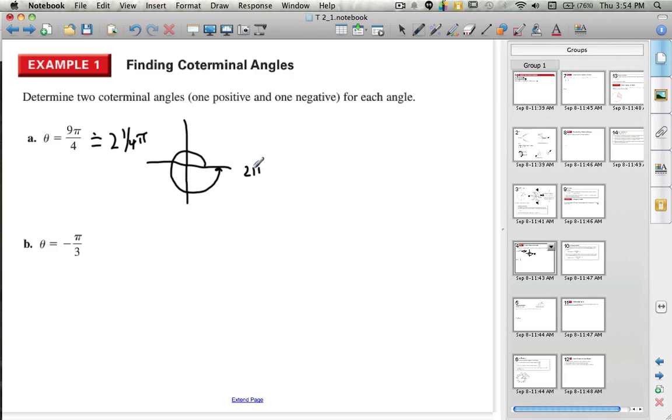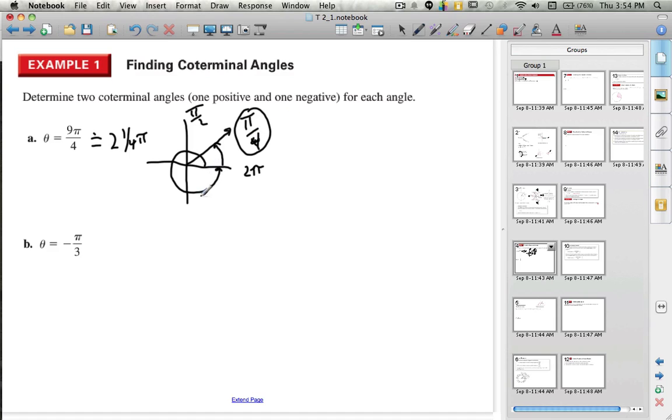That's 2 pi. And then we're going to do a quarter. Well, this would be pi over 2, so a quarter would be right there. So right off the bat, I can see that this positive angle, pi over 4, is coterminal. So there's a positive coterminal angle.